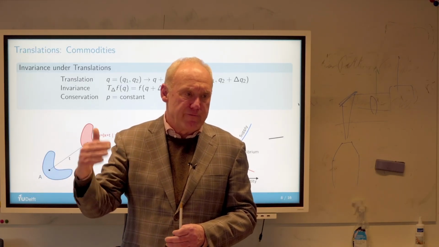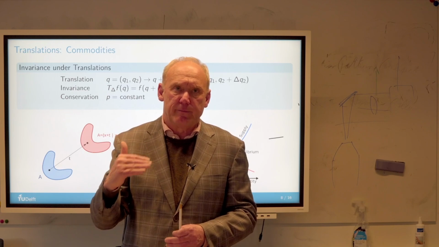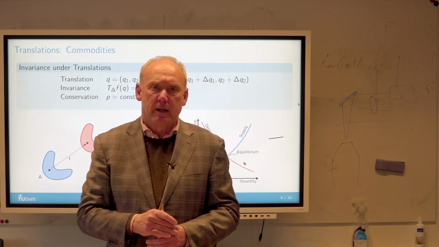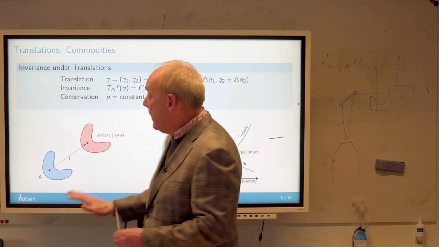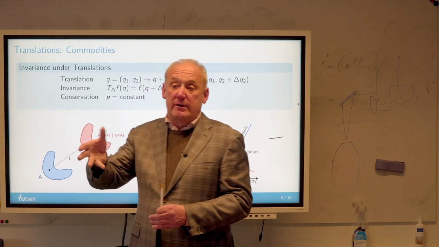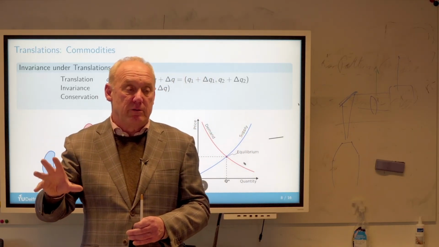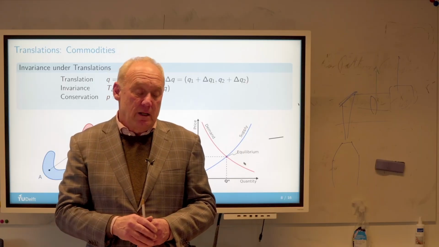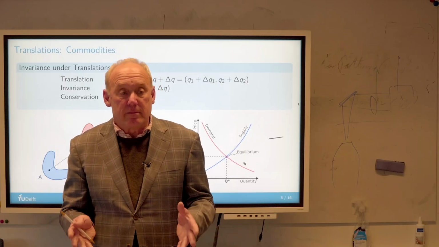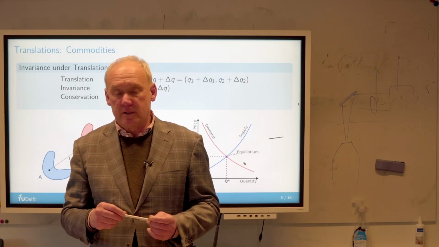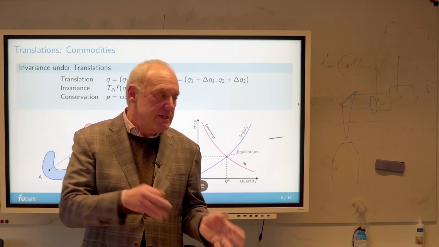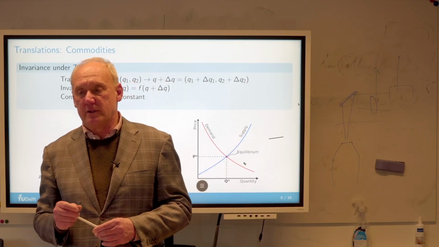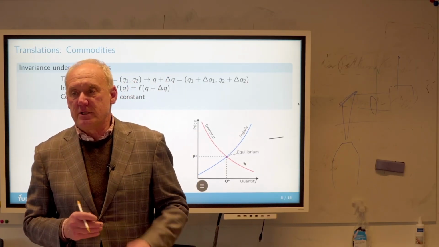Okay, the notion of a constant price, equilibrium price, comes from there. And we're going to construct spaces that are invariant on the rotations. This is capital theory, and we'll get a price that is the analog of angular momentum, because that will be the conserved quantity. For every symmetry, we can find a conserved quantity. This is fun.